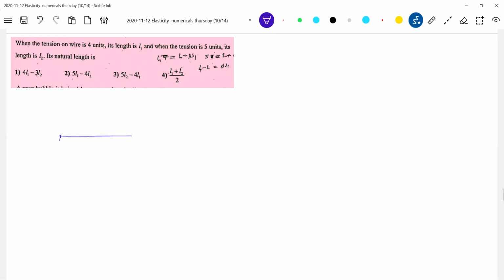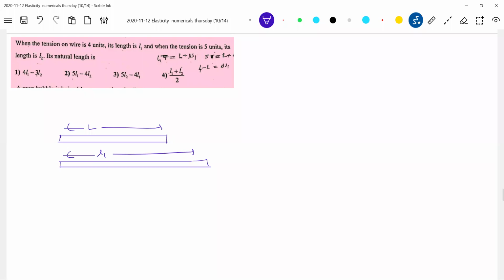So there's a rod or there's a wire. The length of the wire is L. When the tension on the wire is 4 units, its length is L1. Length is L1 means it has elongated some distance.